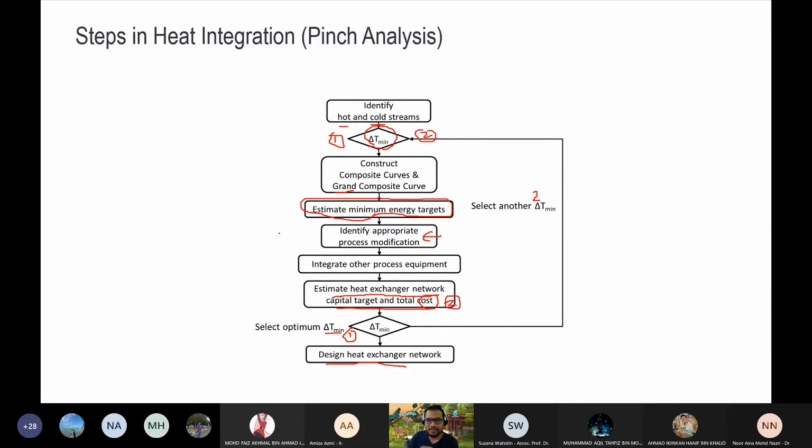But do we need to do all process modifications? In some cases we cannot modify the process, so we can skip this and skip that, and go to here. Do we need to change the delta T minimum? Yes and no. If you want, you can, but if you don't want to, you can go straight to the design.